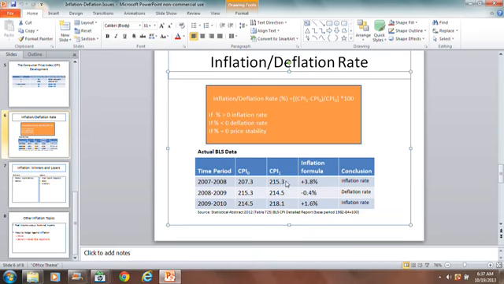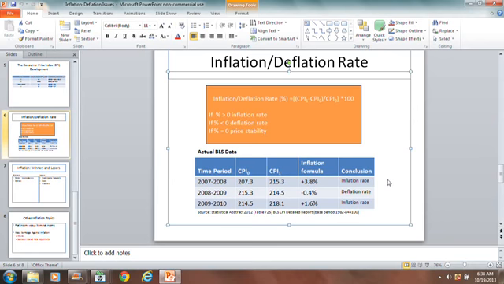So in other words, in 2008, prices were 115.3% higher on average than they were during the 1982 through 84 period. And so when you plug in these CPIs in the formula for 2007, 2008, I get a plus 3.8% change. And since the change is positive, that means that's the inflation rate. So between 2007 and 2008, prices rose on average by 3.8%.